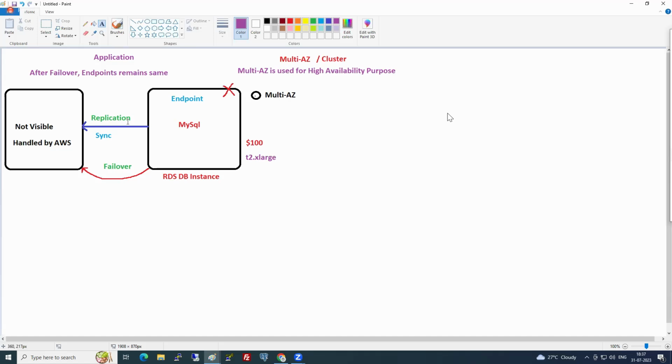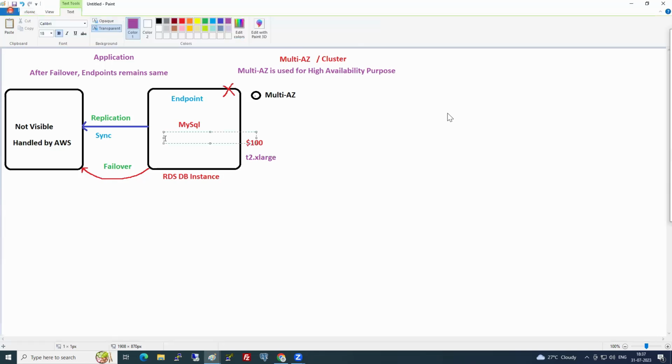Guys, I'm telling you, failover will happen if something goes wrong with the DB instance. Let's say you have a database inside the DB instance. If something goes wrong inside your database, someone deleted a table, will failover happen?